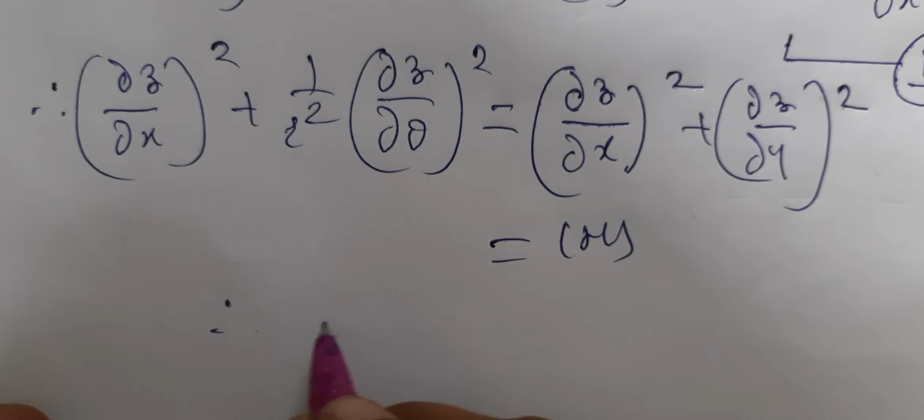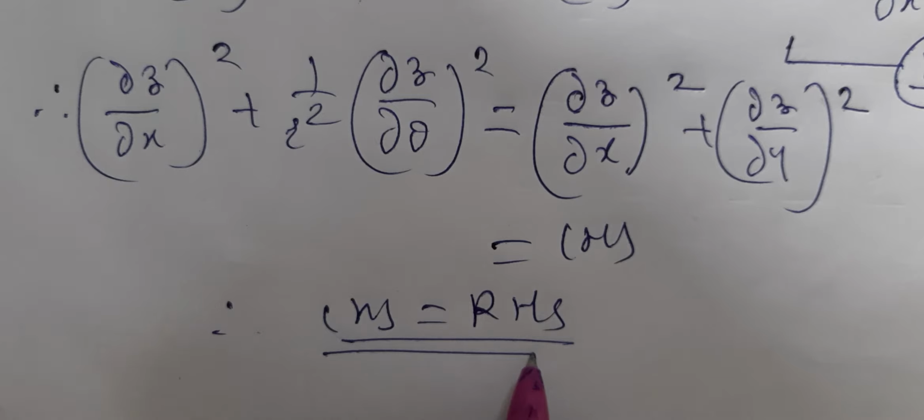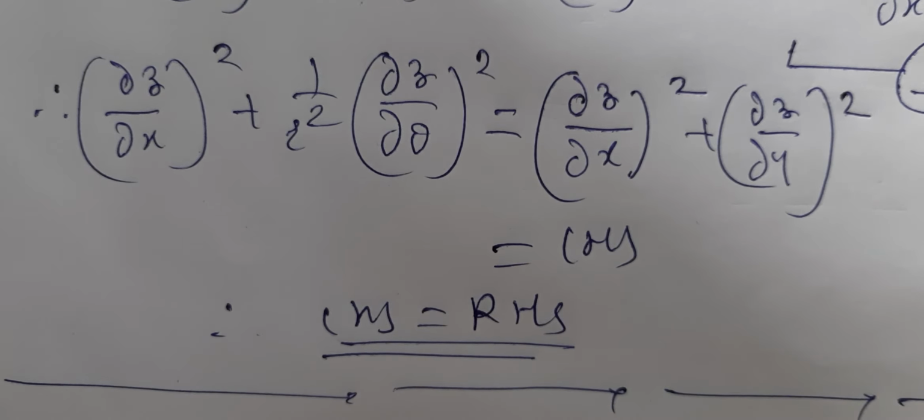So we have LHS equal to RHS. I just told you why I started with RHS. So this was just an illustration of the concept of composite function for partial differentiation.